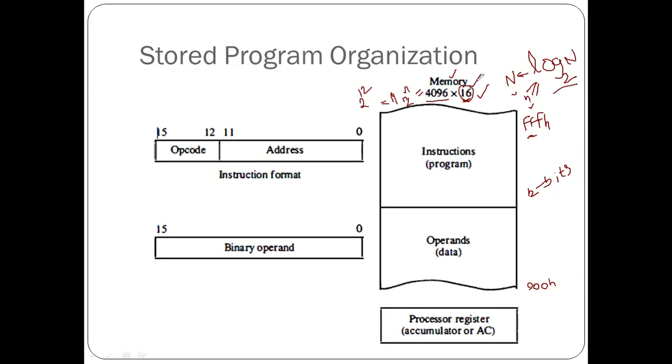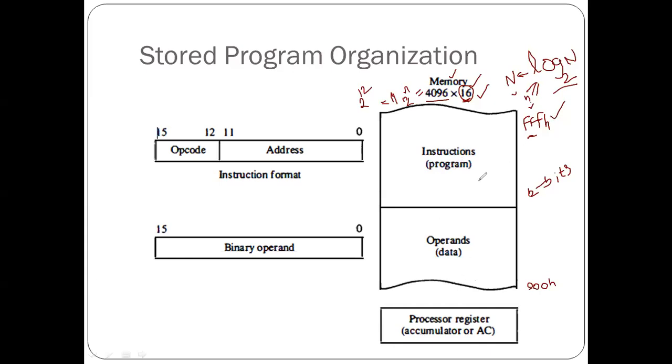If I read one memory location, since it is a common memory, the information from that particular location can be either an instruction code or an operand, a data item. That is completely based on which memory location we are reading. The address values will distinguish the instruction code from the data.